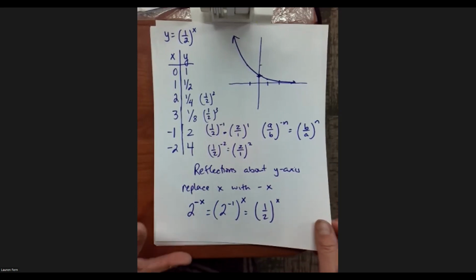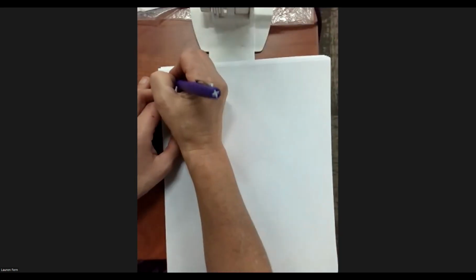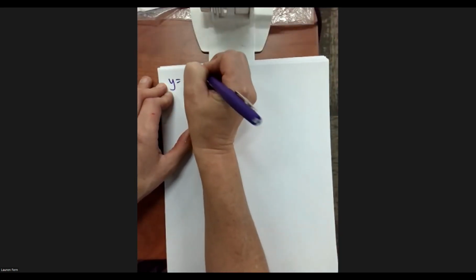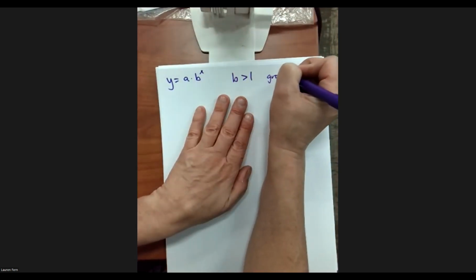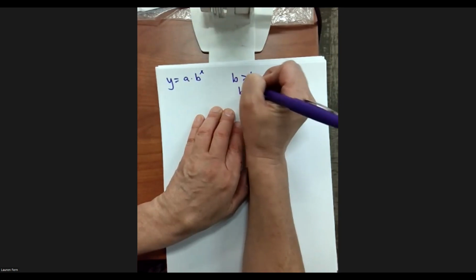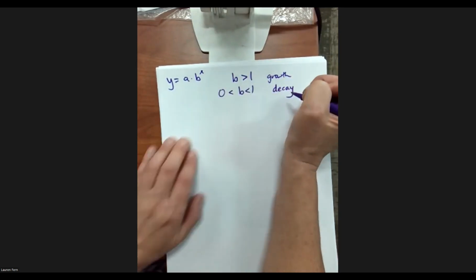So, some general things about exponential functions and our graphs. Okay, we know if b is greater than 1, we have growth. If b is between 0 and 1, we have decay.